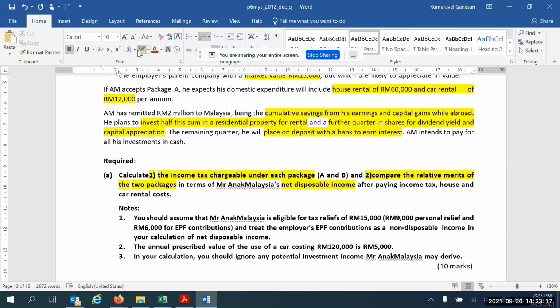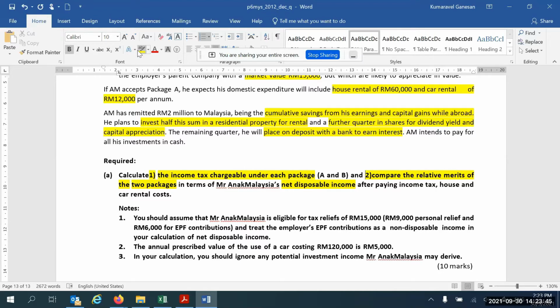Compare the merits of the two packages. That means which one is better? This is relevant in real life when you are a very successful person, not at the lower level. When you're very successful, companies will offer you all these packages and ask you to pick.